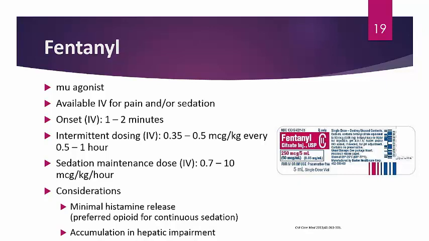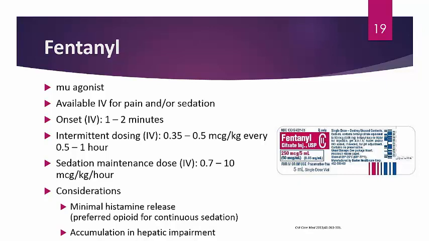And obviously, considerations with fentanyl would be that you may have less histamine release compared to morphine and hydromorphone, which will actually make it the preferred opioid for use in continuous sedation. Because if we think about patients who are getting sedated, these sedative agents can cause significant amount of hypotension.